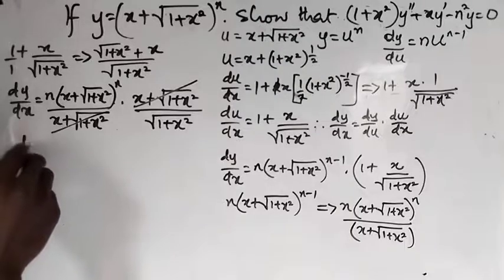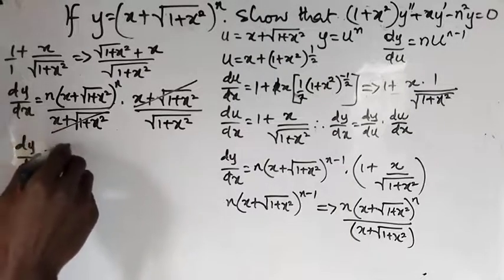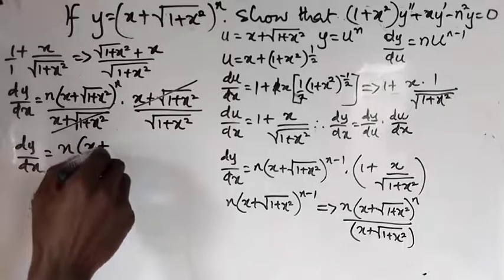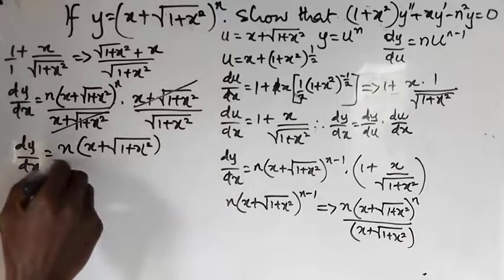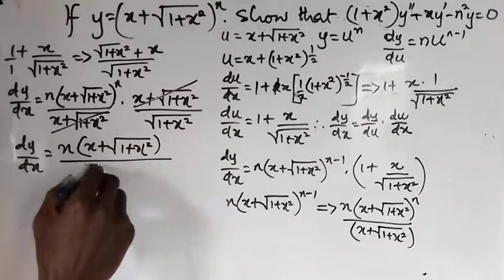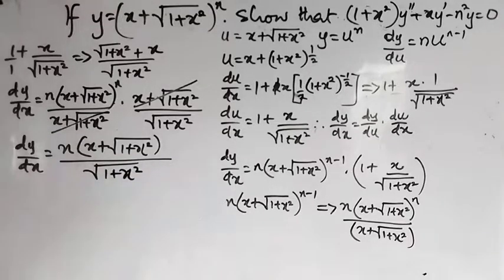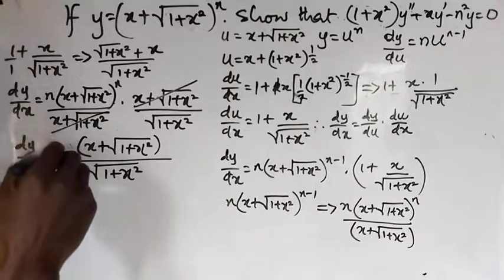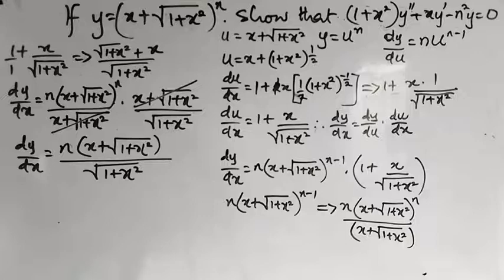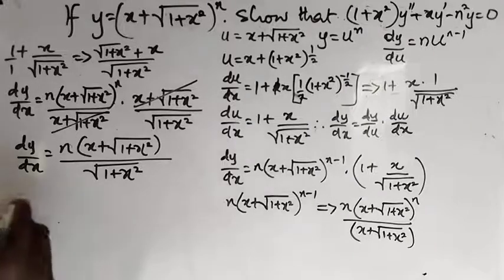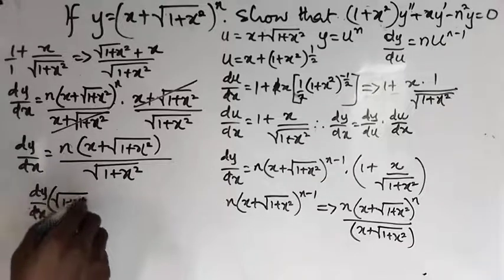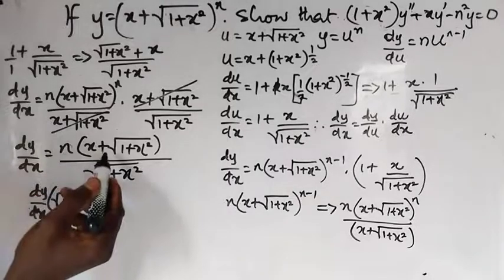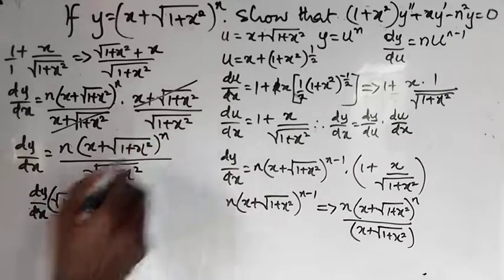So we are left with dy/dx, which is n times (x + √(1 + x²))^n over √(1 + x²). Cross multiplying, you have dy/dx times √(1 + x²), and here you have raised to the power n.